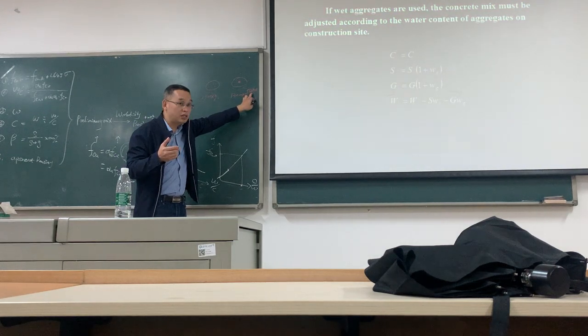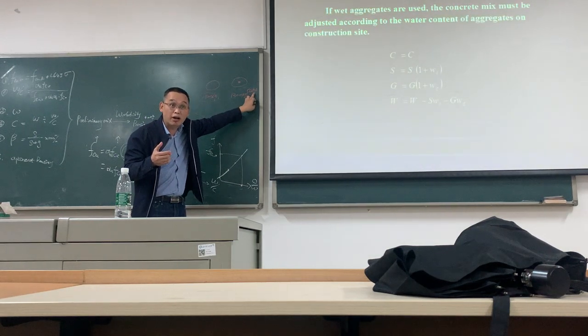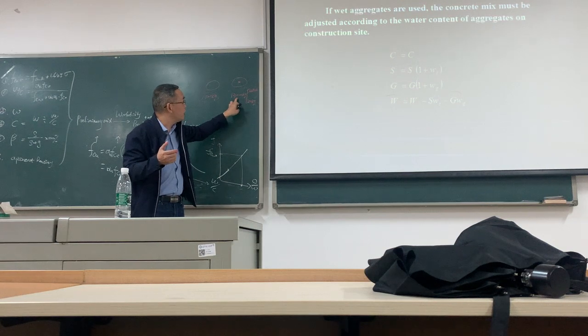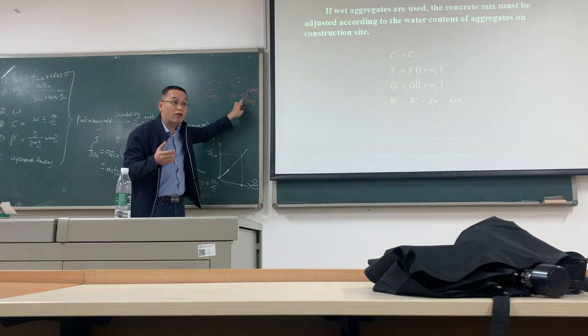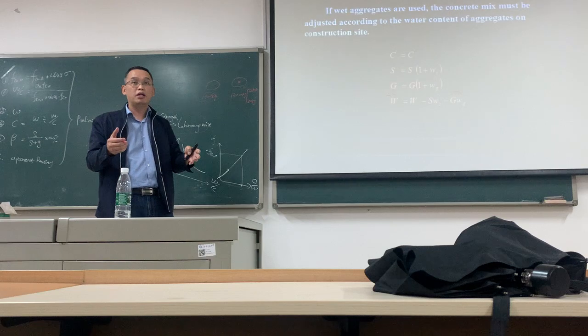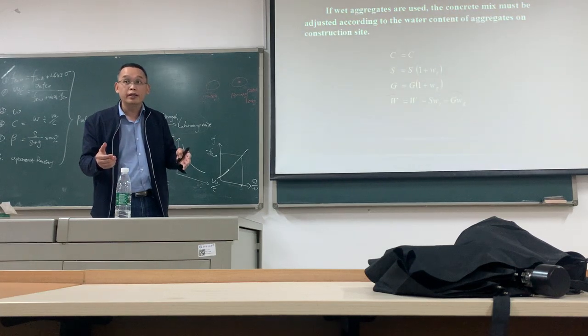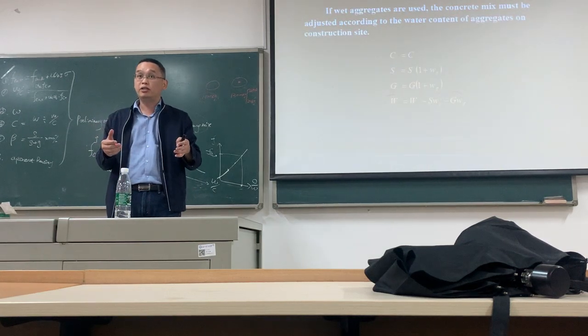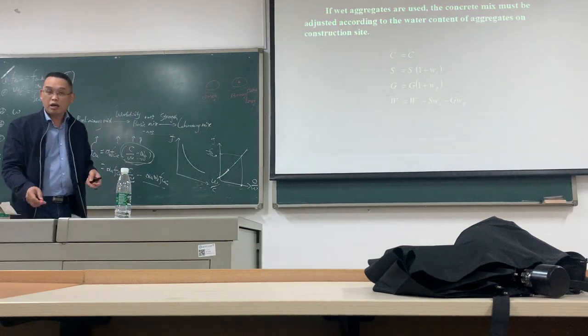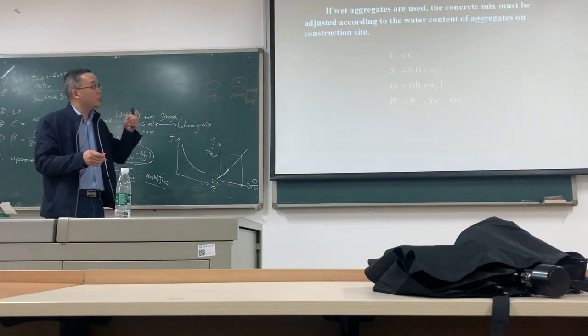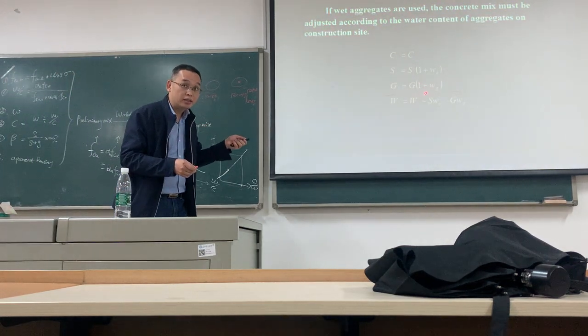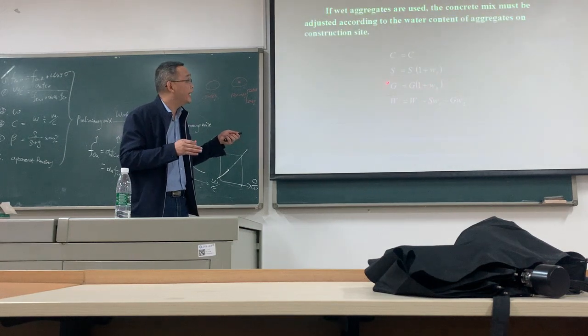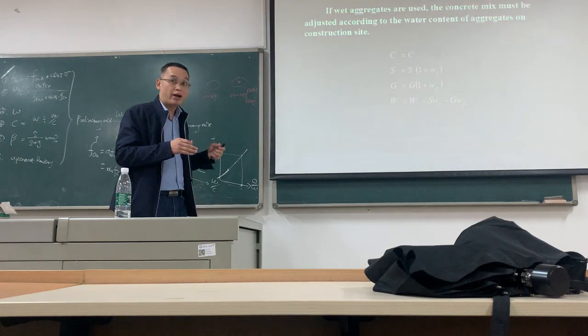It's 1,280 kilograms, and 20 kilograms of it is moisture, is water. So we must transfer it. How can we transfer it? We need to consider the water content in the sand and in the gravel.